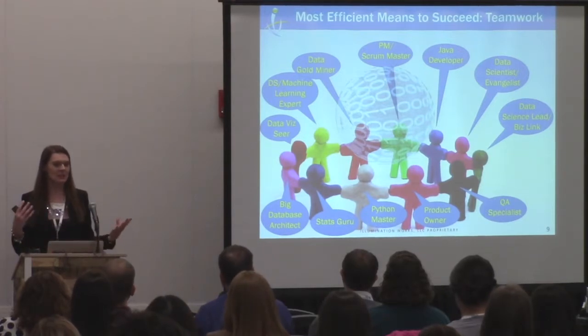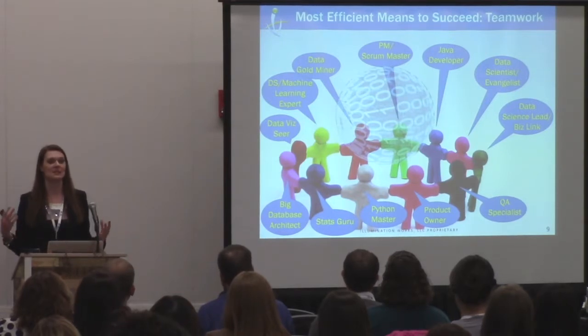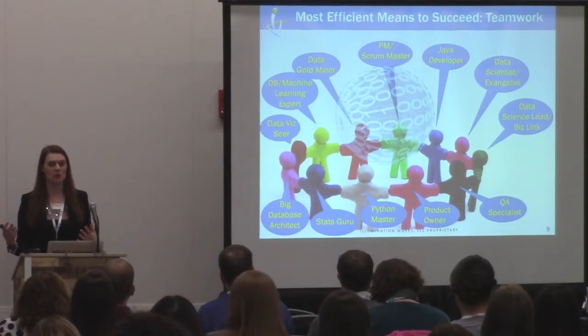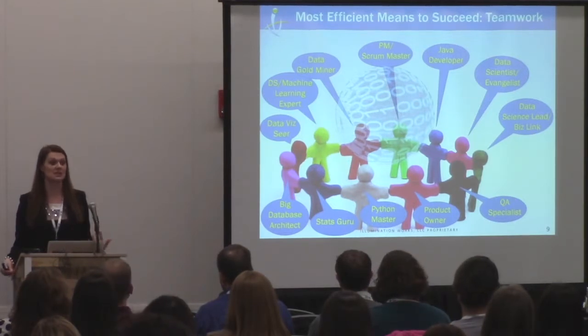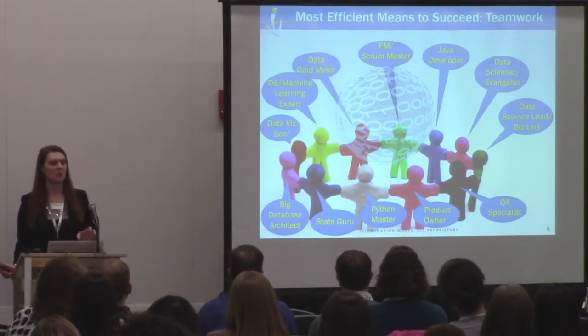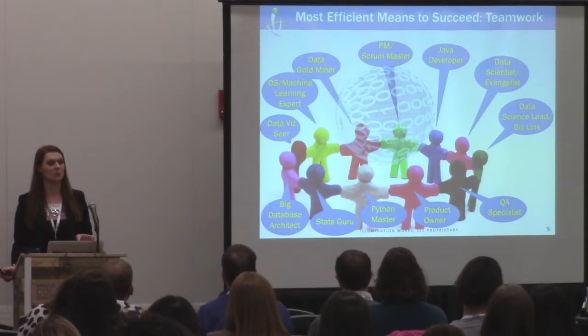But basically, navigating this landscape of data science takes a village, right? You can't have that purple unicorn who has the depth of expertise in every aspect of what it takes to create these successful data science solutions. But even this team is not really the whole picture of how to successfully implement data science in your business.